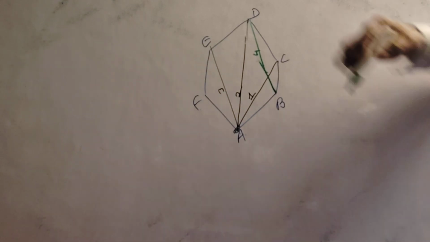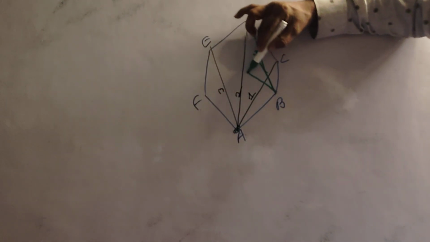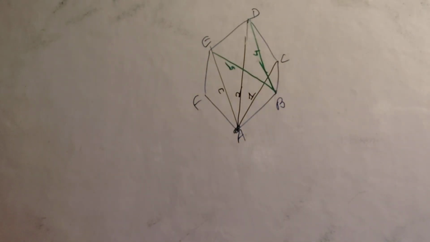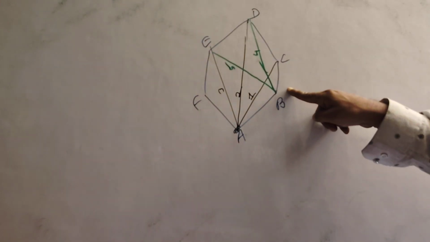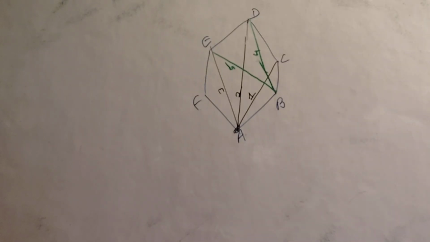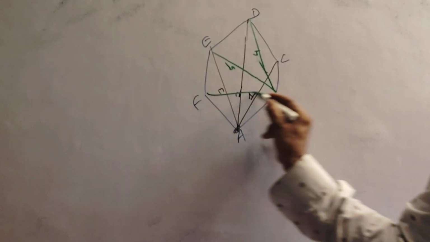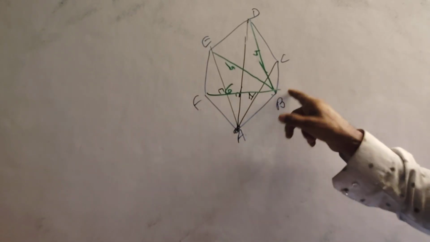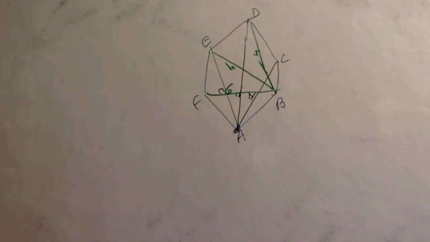So this is diagonal number 5. The next diagonal from B is BF. Sixth number is BF. After F, next is BA, that is adjacent, so it is not a diagonal.